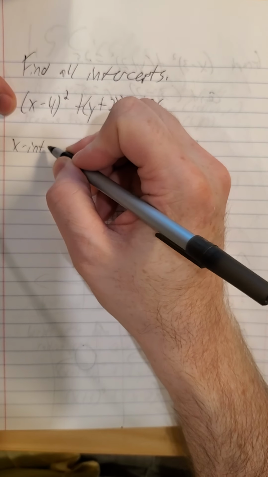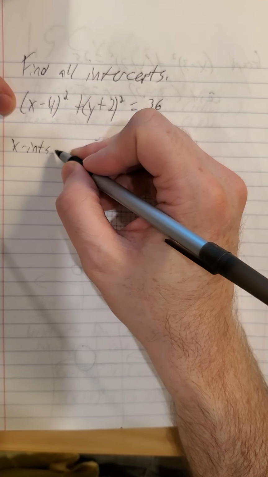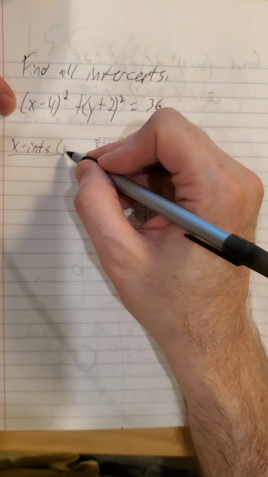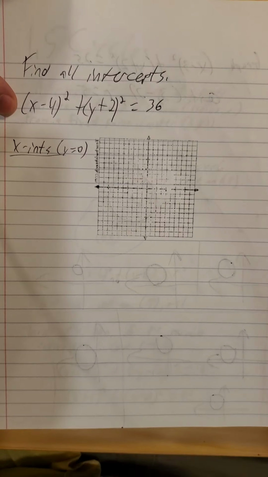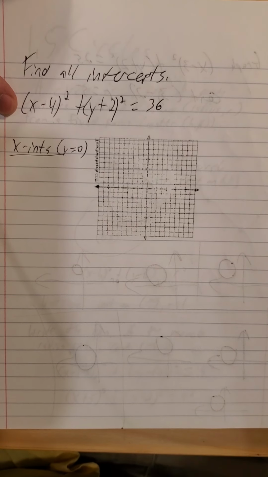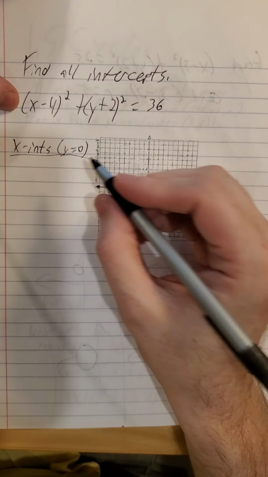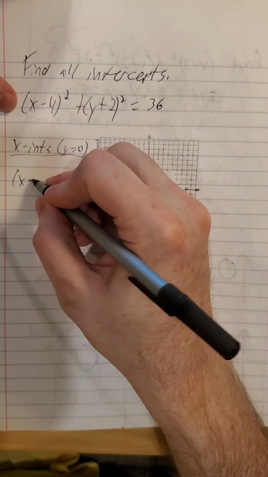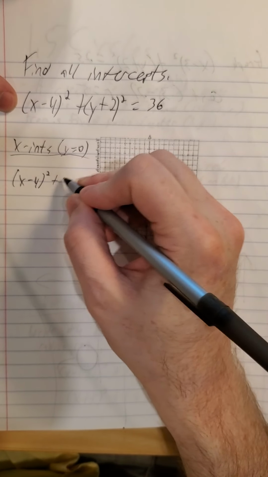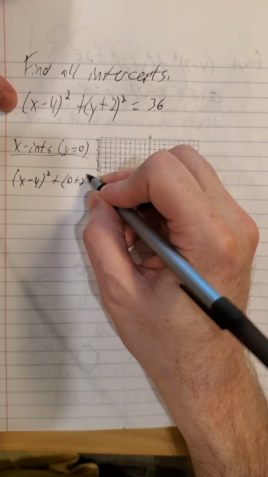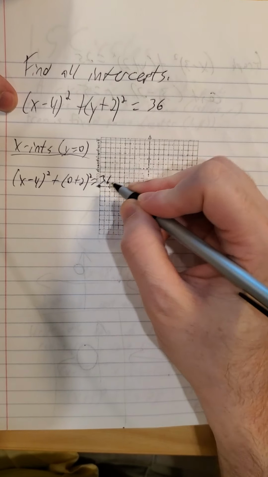So the x-intercept. Just like in linears or quadratics or anything else that you've worked with so far, if it's an x-intercept, it means y is 0. So (x - 4) squared plus (0 + 2) squared is 36.